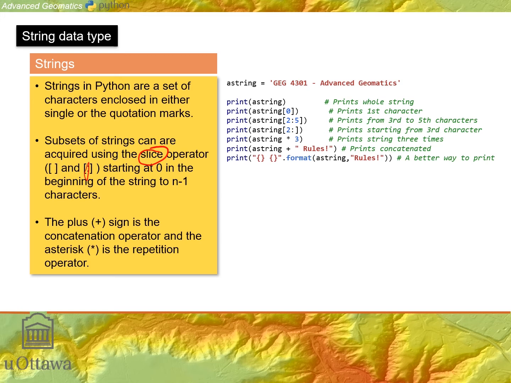String indexes start at 0. So for example, that's 0. That's index 1, index 2, index 3 for the space, index 4. So 0, 1, 2, 3, 4, all the way to the end of the string. So for example, let's try some of these slicings in Python.